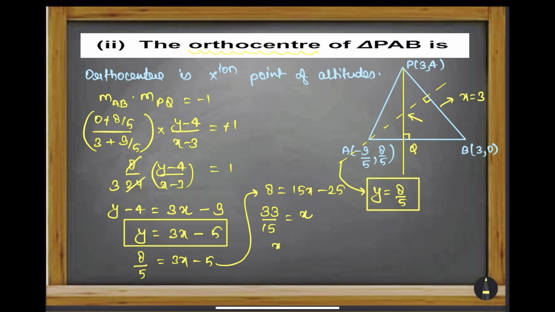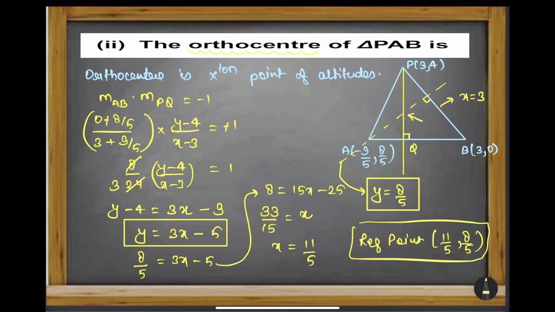Now can I say that x will be equal to 11 by 5, correct. So the required point will be what? It will be 11 by 5 comma 8 by 5. Okay, so this is your orthocenter. I hope the idea is clear.